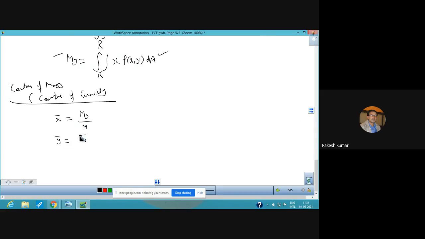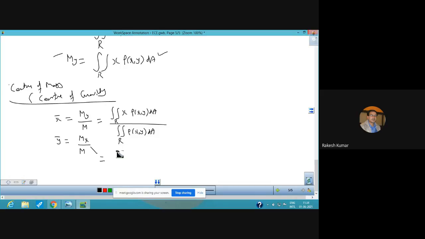And y bar is the ratio of the moment about the x-axis divided by mass. And we know the formula for My, that is double integral over R of x rho xy dA, divided by mass, that is the double integral over R of rho of xy dA. Now you know that dA can be written as dx dy because this is the total area.